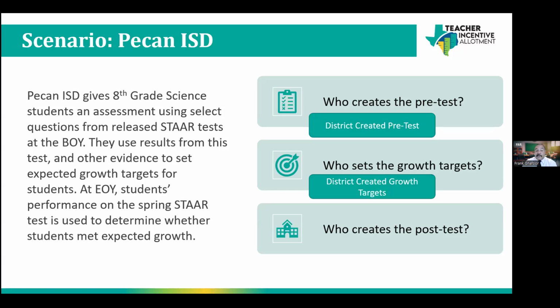At the end of the year, the students are taking the STAAR and they're using that to determine if the students met growth. With the STAAR, that is a full administration, so that would be considered a third party post-test. Based on their selections here, the portal will tell them which tabs they would need to fill out on their TIA application.